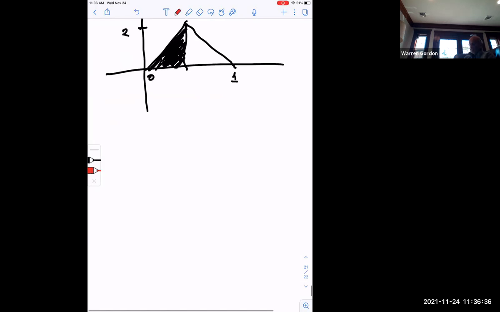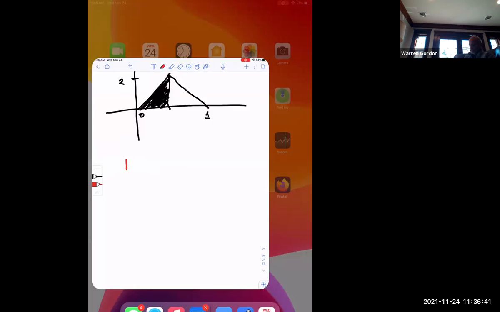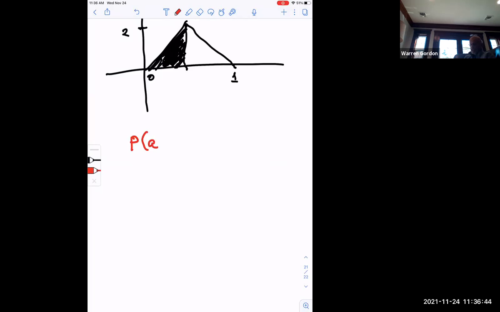So we're going to define the probability that X, the random variable, lies between a and b as the area under this curve. Sometimes I can put a little subscript here, but I don't really need it here because it's clear I'm only talking about one random variable. So this represents the area under the curve.